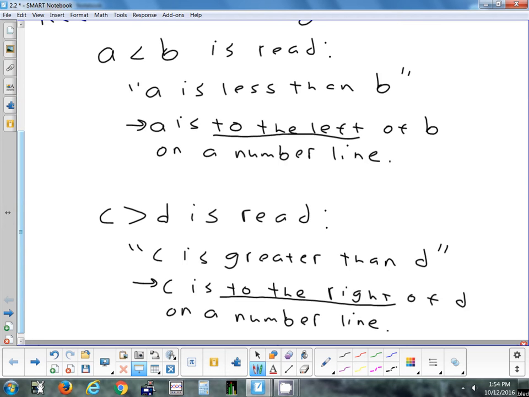So if I were to compare the number 8 and the number 10, 10 would be to the right on a number line because 10 is bigger than 8. 8 is to the left of 10 because 8 is smaller. So that's just about the placement on a number line. Any questions on that?